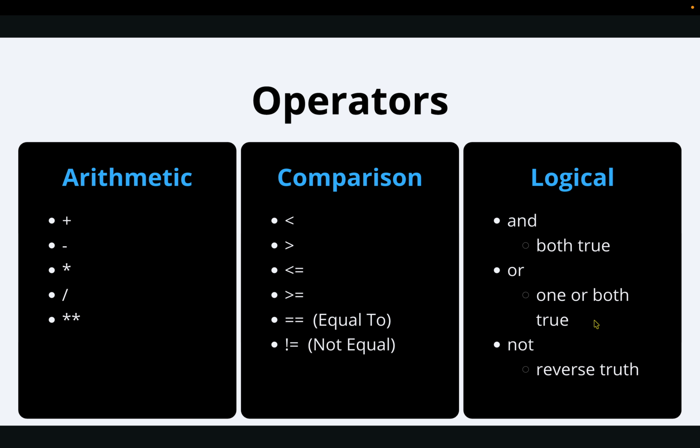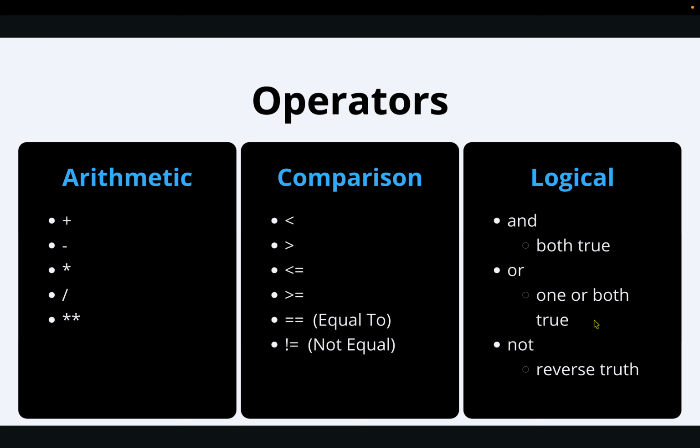Now, there is a logical operator, and this is typically used when you're trying to make decisions, which we are going to cover. It's used if you're checking multiple conditions or multiple things within your code. For example, you have and, or, not. Those are your three logical operators.